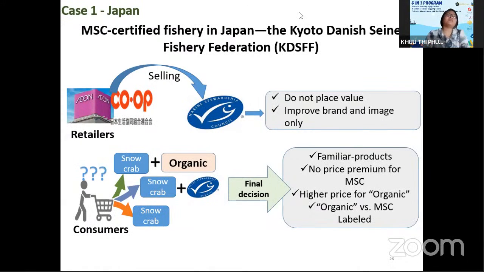Like the scientists' answers in the willingness-to-pay research, actually they will pay a higher price for organic products. And it's very difficult to separate or identify the difference between organic and MSC label products. This case is Japan, and actually this result is very similar to our countries.